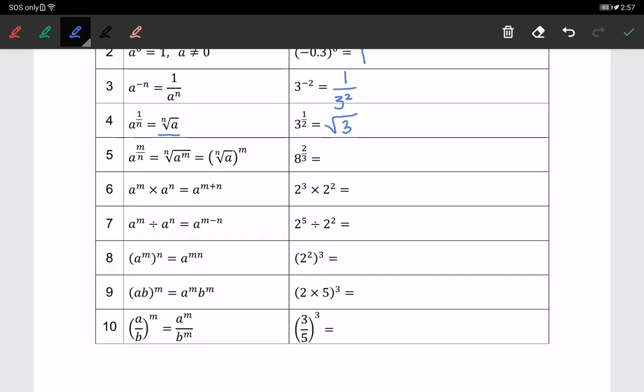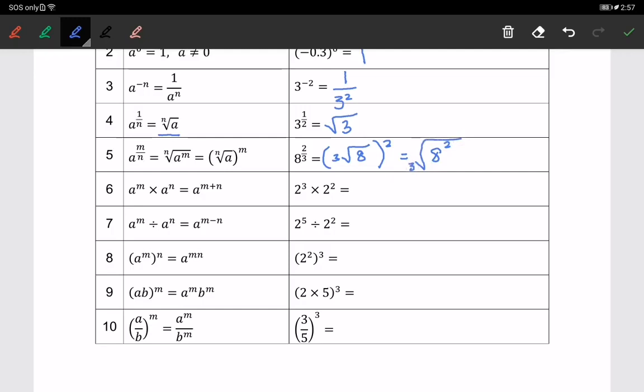So we can write 8 to the power of 2 over 3 as the cube root of 8 to the power of 2, right? Or we can also write it as the cube root of 8 squared.